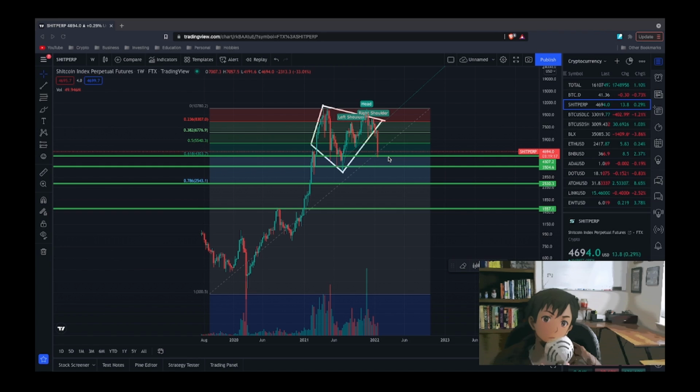So if we do end up breaking this 618 on this chart, I do think, although this isn't a fib retracement level, we do have enough price action to make it significant enough to at least get a little bit of a cool off at this level before we come back down to the 786.